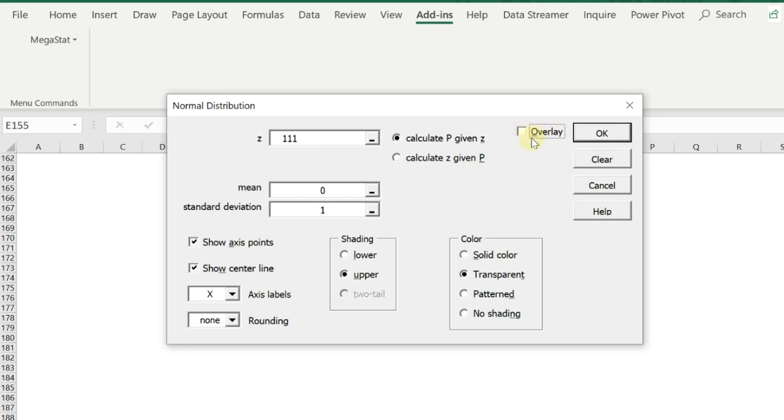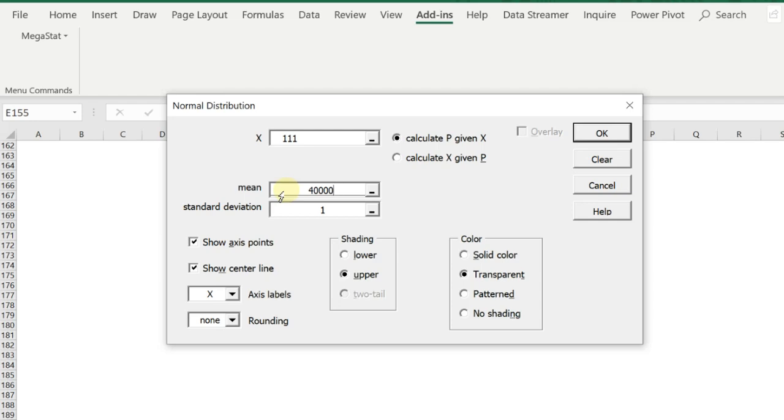You only use overlay for between. The mean was $40,000, so I input that value here. The deviation was $5,000, and there you have it. Those are the parameters.